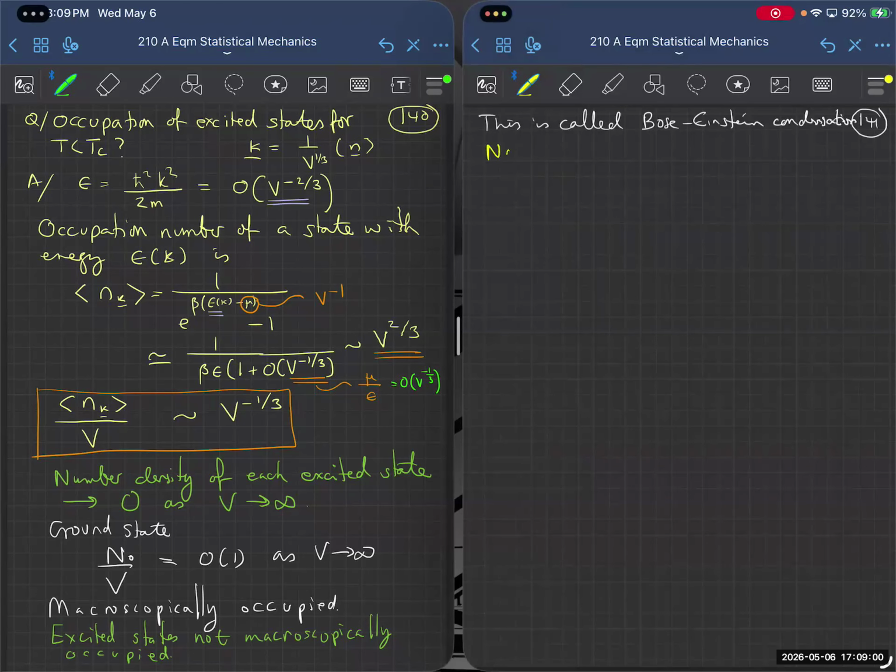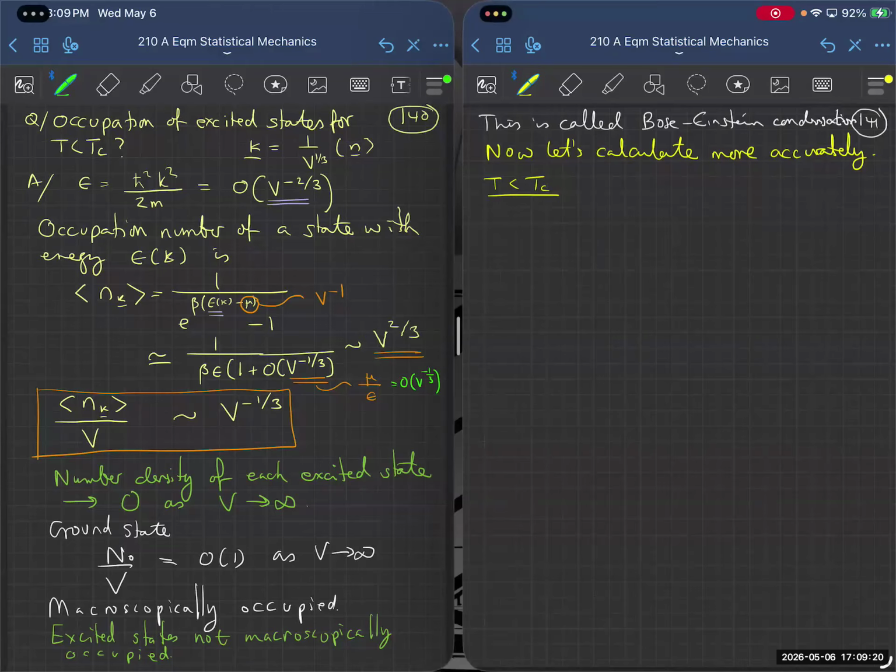Okay, so now let's write down more precisely what is n0. Now I've given you the general physical picture. Now let's calculate it a little bit more accurately. So now we're going to look at what happens when T is less than Tc.